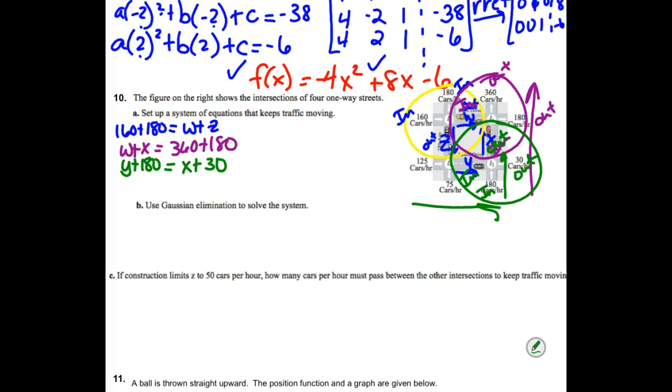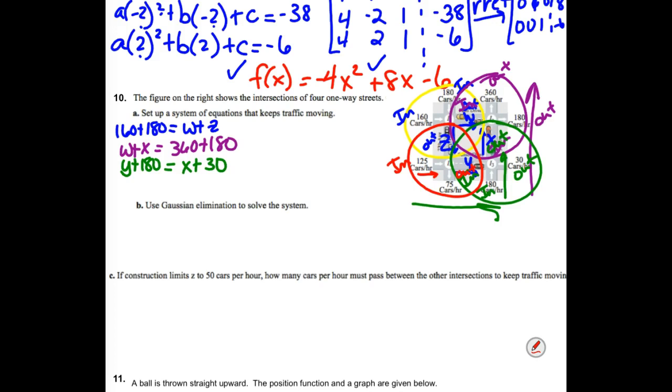All right, last intersection. For this one, our street is going this direction, so the 125 is going in, and coming out is Y for that street.